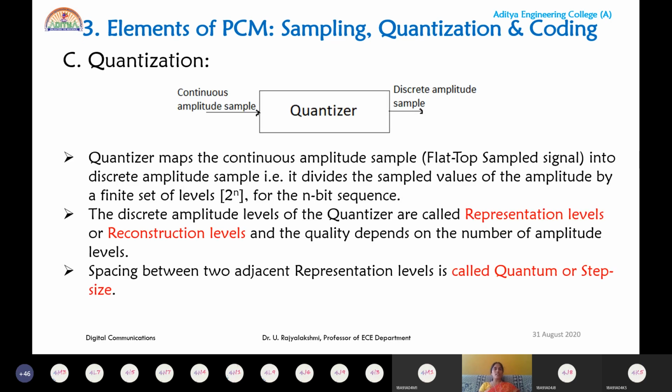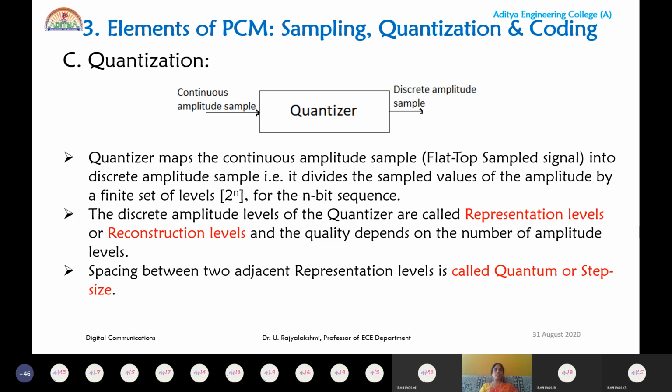Next, let us see the next element. What is the next element after sampling? The sampled signal is called a continuous amplitude sample, and that is converted into a discrete amplitude sample.